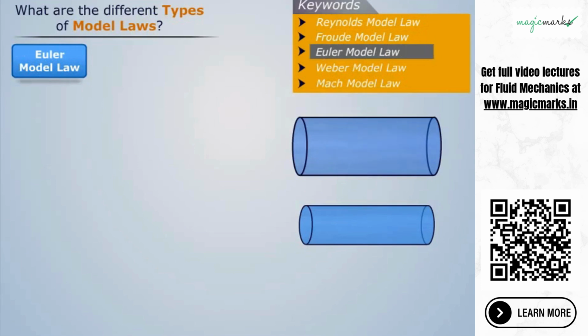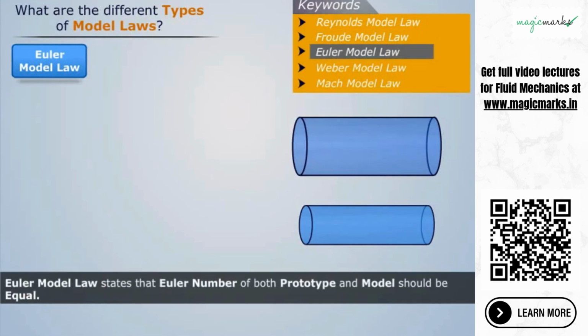Now let us understand Euler model law. This law states that Euler number of both prototype and model should be equal. Consider the same prototype of a pipe. Let EUP be the Euler number of this prototype. Now let us design a model of this prototype.